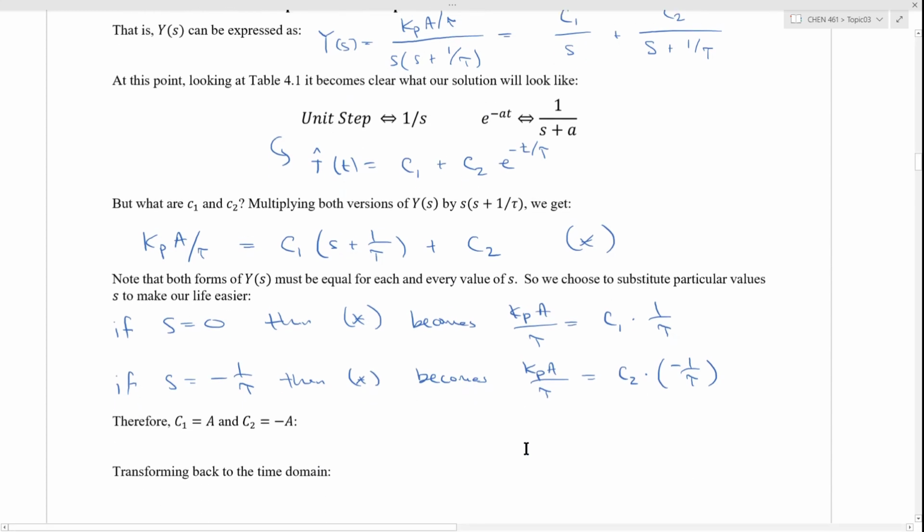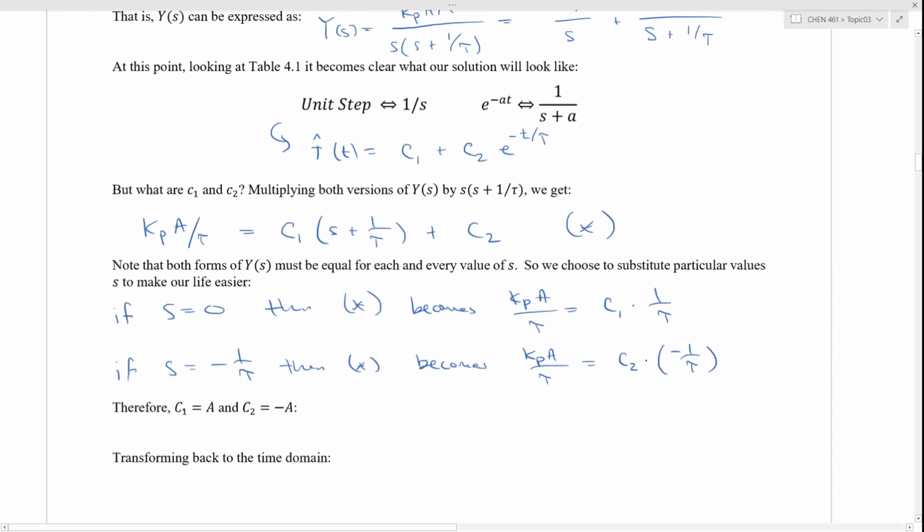So we can work through it, and therefore, this is an error here, sorry, in the notes. Therefore, c1 equals Kp times A, and c2 equals negative Kp times A. Because of that, capital Y of s is equal to Kp times A over s minus Kp times A over s plus 1 over tau.